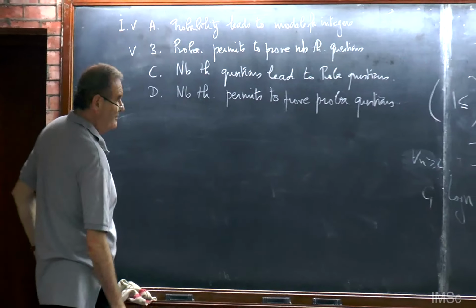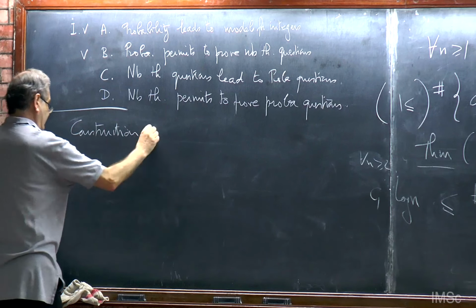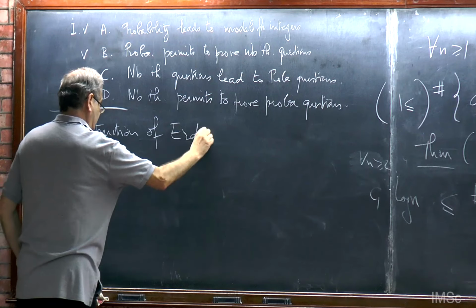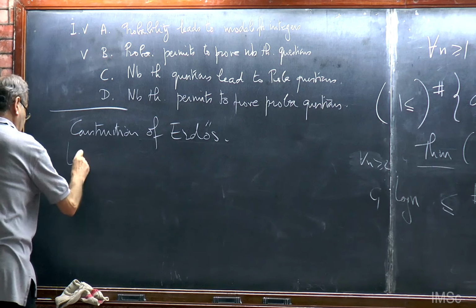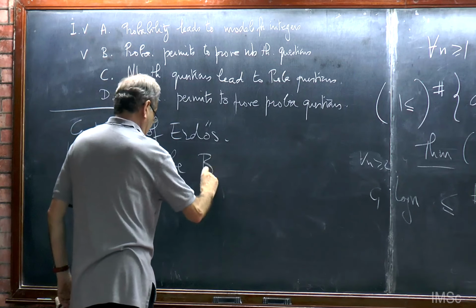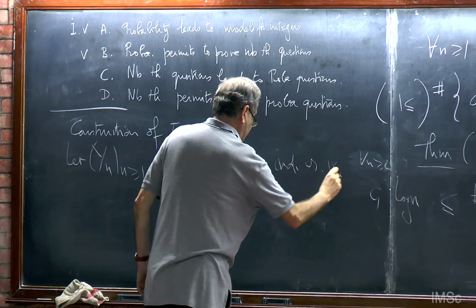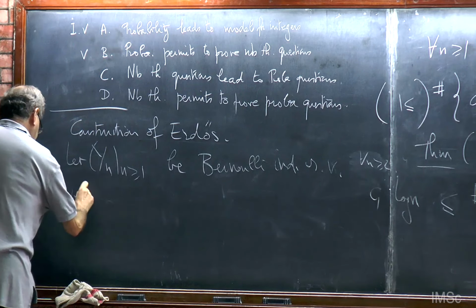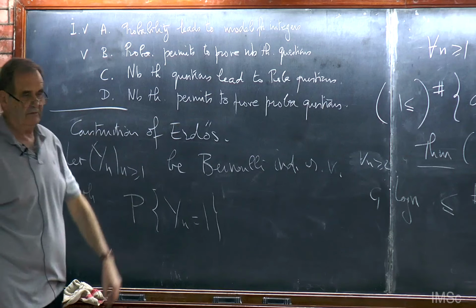What Erdős is doing is the following. So construction of Erdős. Construction of Erdős is the following. Let us change the notation, let yn be Bernoulli independent random variables with probability that yn is equal to 1 just a bit larger than that.